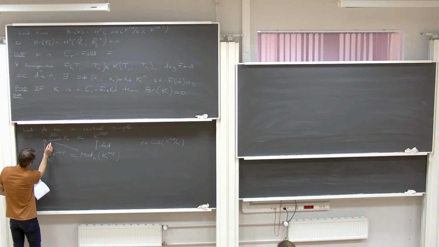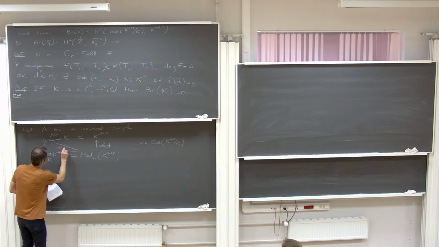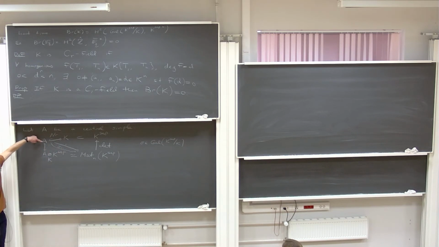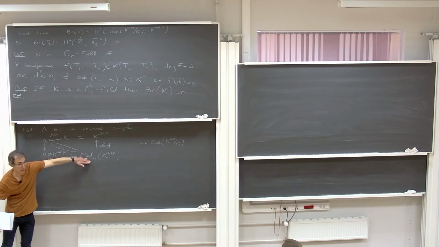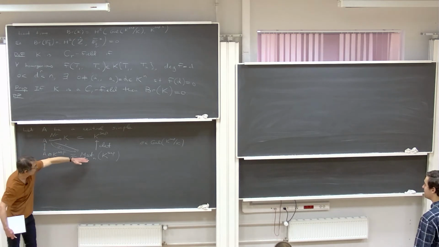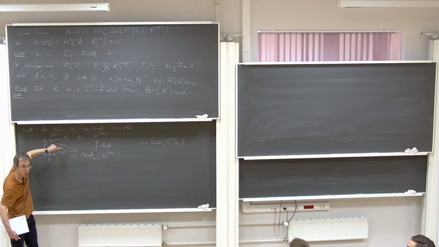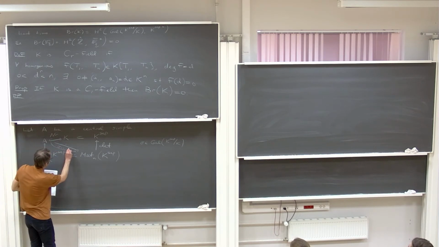And I also consider the conjugate, the composition of sigma and i. So this gives me two embeddings of A into this matrix algebra, which consequently gives me two maps. And using the fact that any automorphism of this algebra is inner, it follows that these two maps are conjugate.